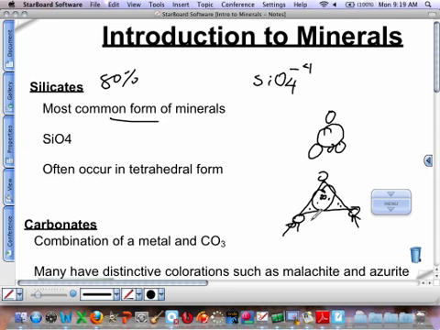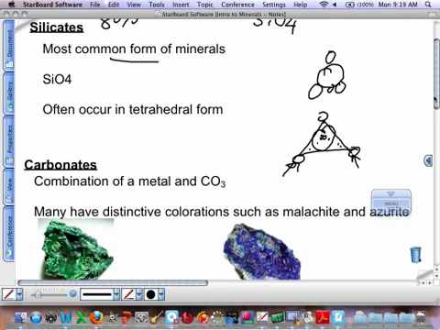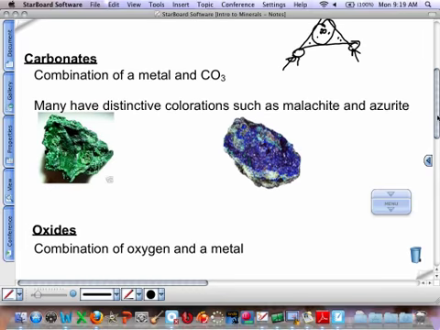Yeah, that's a form of chemical bond. Now carbonates are pretty cool. Basically, anytime we get a metal that combines with a carbonate ion, we get these types of minerals.